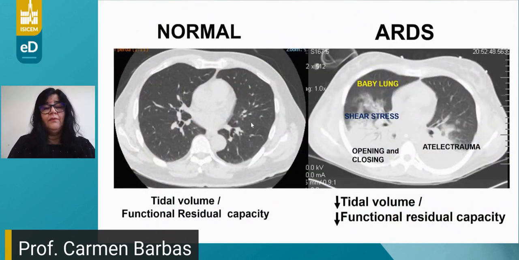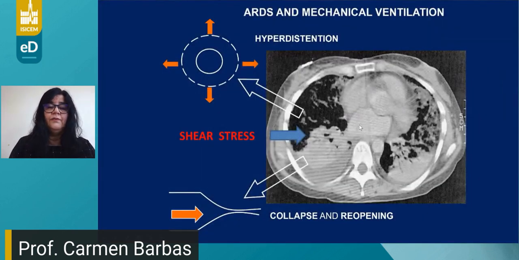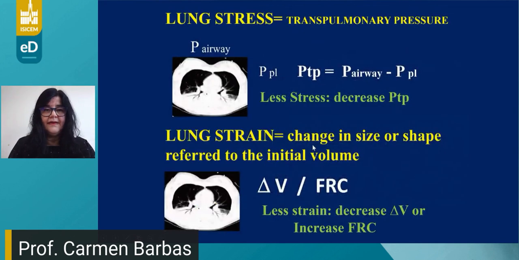Normally, when the patient is having ARDS, they have a reduction in the tidal volume, a reduction in functional residual capacity, with a very heterogeneous lung. Then when we mechanically ventilate this patient, you can have ventilation-induced lung injury with hyperdistension, shear stress first, and collapse and reopening of the airways.